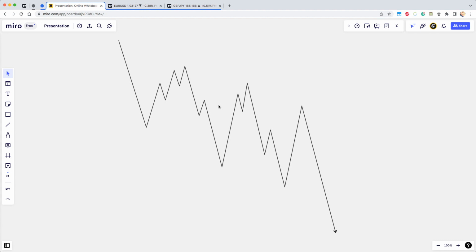So you can look at that video if you want to learn more about mechanically reading the structure and where to look for liquidity, like inducement, engineered liquidity, etc. So just focus on the order flow entry criterias or models, right?